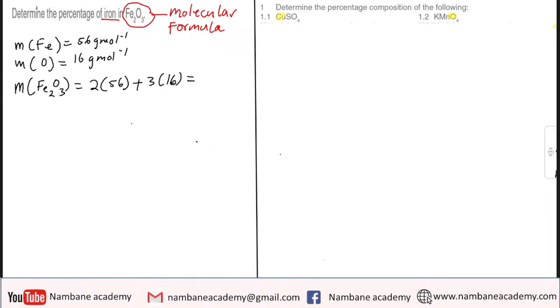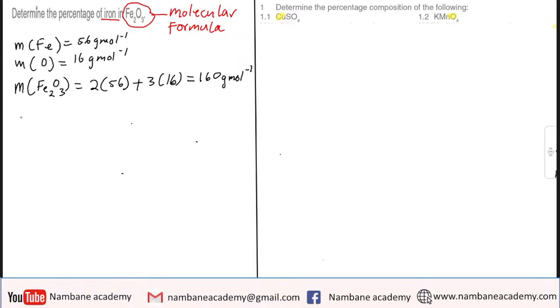This will give us something like 160 grams per mole. That is where now your argument of multiply by 2 and 3 comes in. For us to get now what? The M total of the molecular formula that is provided.